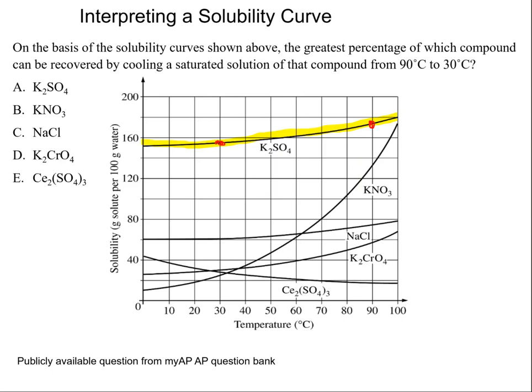Everything above the potassium sulfate solubility line represents a supersaturated solution. Everything below that line represents an unsaturated solution.